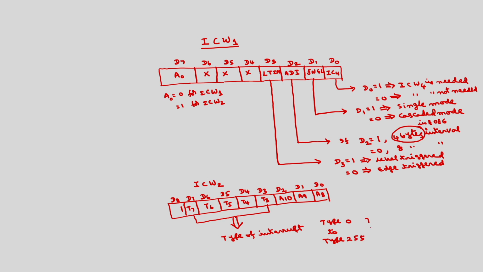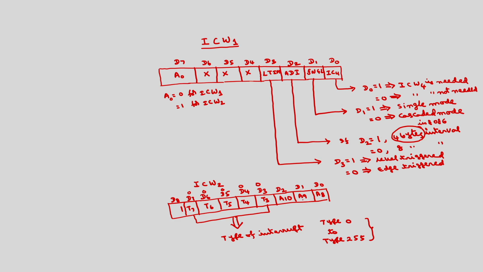So, these 5 bits, T3 to T7, will be used for selecting the type of the interrupt. If it is type 0, all these bits will be 0. If all are ones, we will get type 255. In between, different combinations select different types of interrupts.